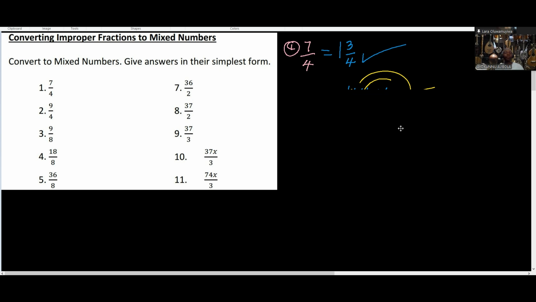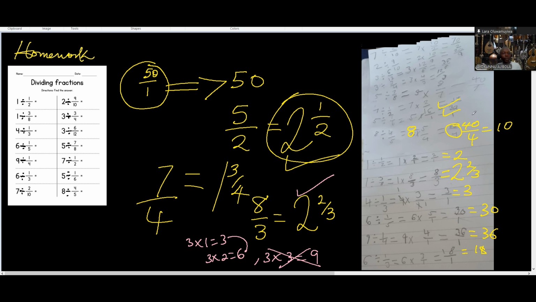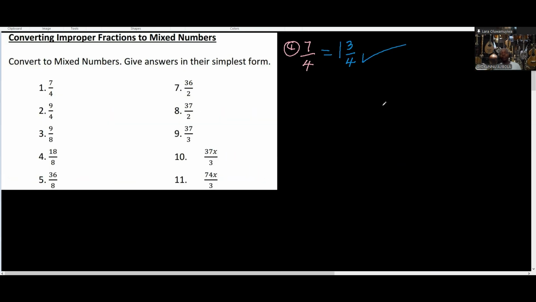Is that clear? Okay. So we go to the next question. You remember we were looking at a question at the top that says 40 over 7. So let's do that as our number 2.